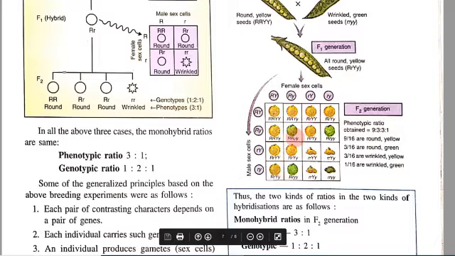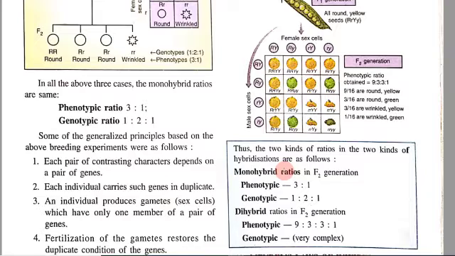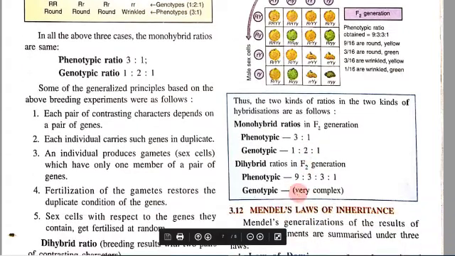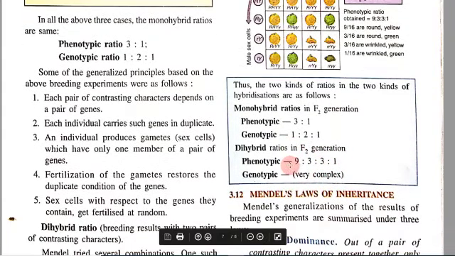He did this successfully and worked out the ratio. So in the monohybrid cross, F2 generation, phenotype is 3:1 and genotype is 1:2:1. In the dihybrid cross, the genotype is very complex, but phenotypic is 9:3:3:1, with 16 gametes distributed, 9 plus 3 plus 3 plus 1.